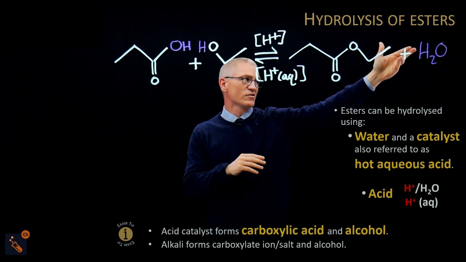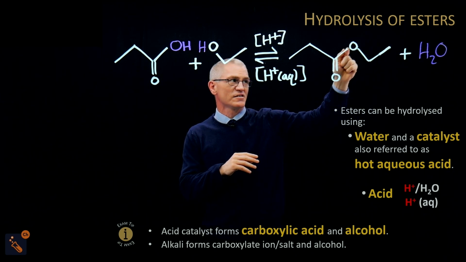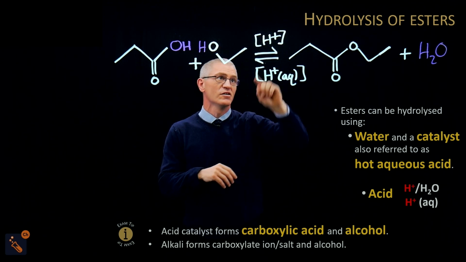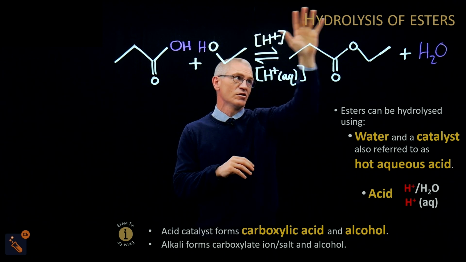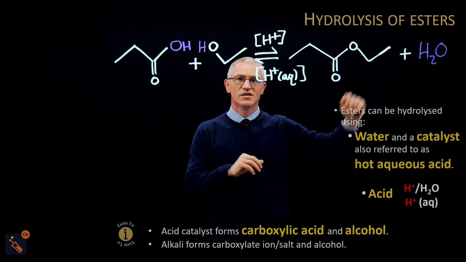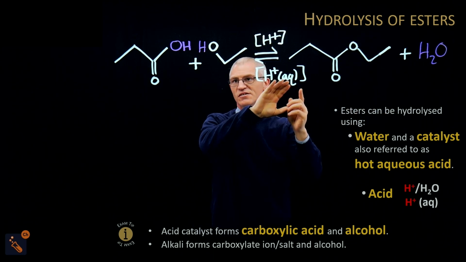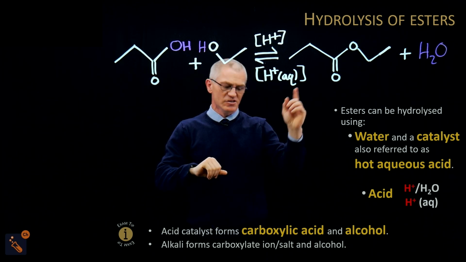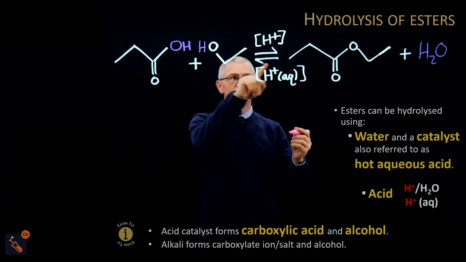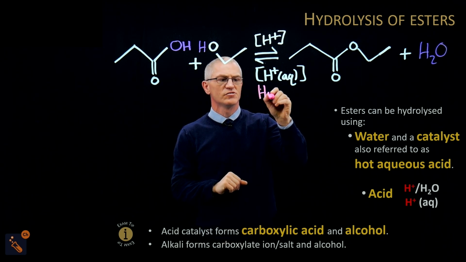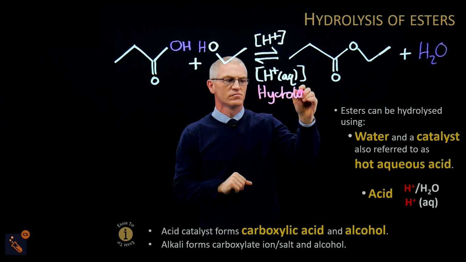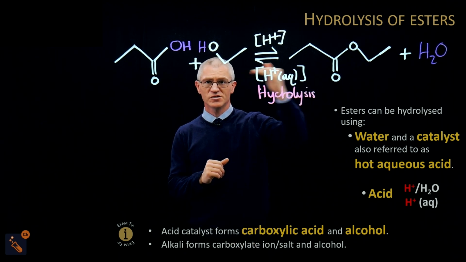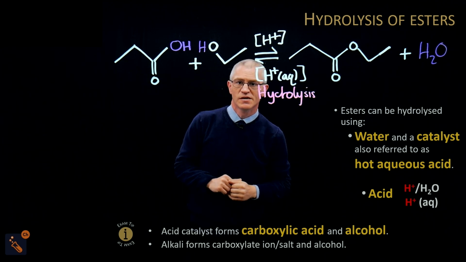The only way it can bring the concentration back down is to react it with the ester and hydrolyze the ester, bringing it back this way. So if you use concentrated acid, the equilibrium will be to the right. If you use dilute acid, it will be to the left, and going to the left is called hydrolysis. So we're hydrolyzing, we're going to go that way.